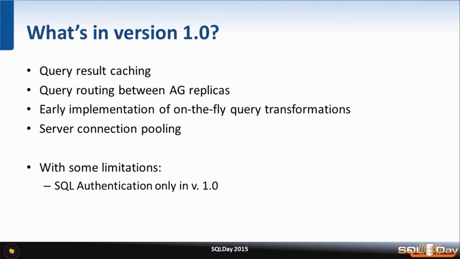I haven't shown you that, but basically we have a query transformation engine where you can provide your own plugins. You give us a plugin that is interested in a particular query, and we give the query text to that plugin, and you can do whatever you want with it and give us back the transformed text, and that's what we're going to execute on the server.